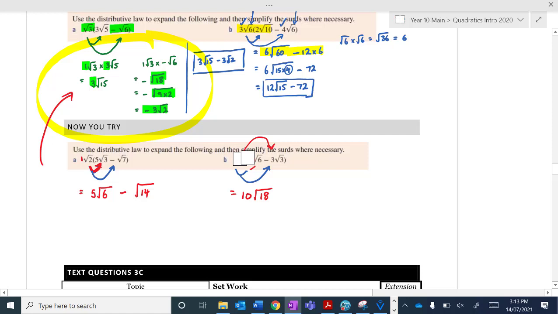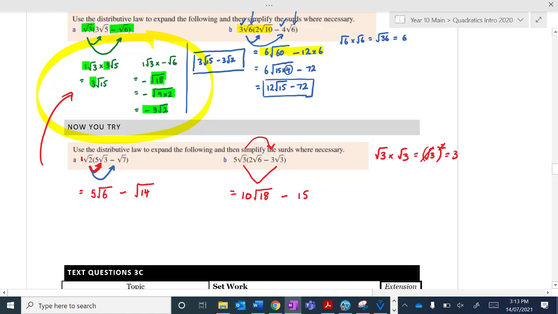Now, let's do the next one. I'll rub it out because it's a bit busy at the moment. 5 threes are 15, so it's minus 15. And again, root 3 times root 3. The sooner you realise, you break it up into two problems. And 5 threes are 15, but you're not done yet because you've got to multiply 5 threes by the square root of 3 squared, which, of course, hopefully you're identifying is what? 3.